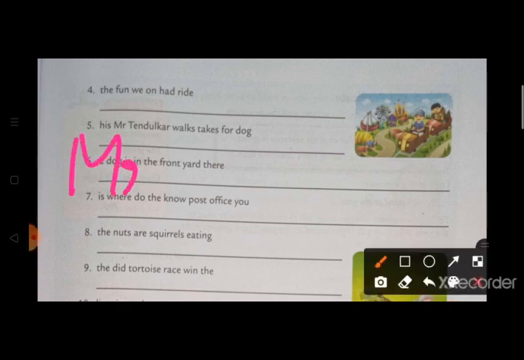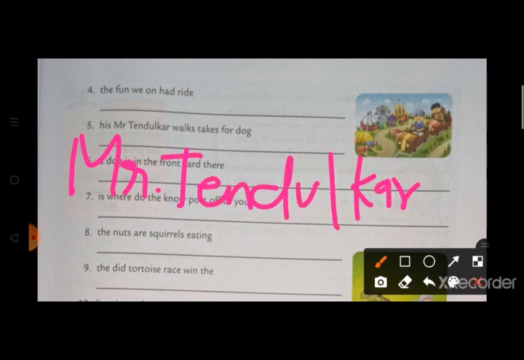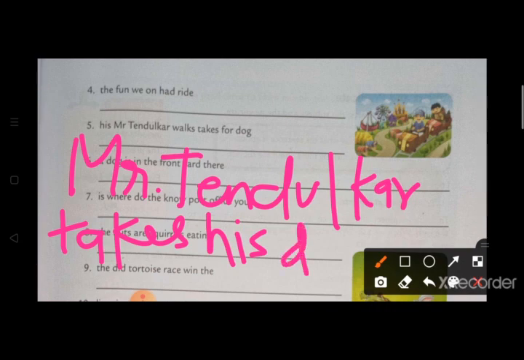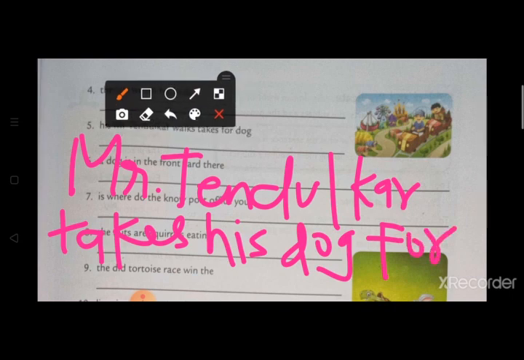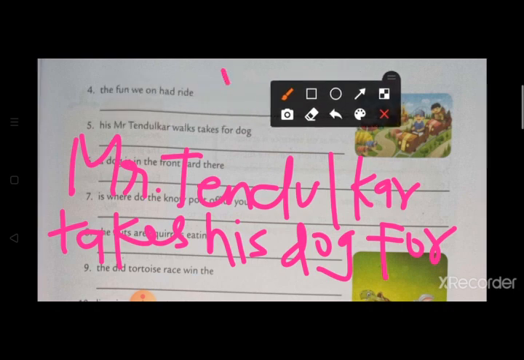Mr. Tendulkar takes his dog for walk. Full stop.